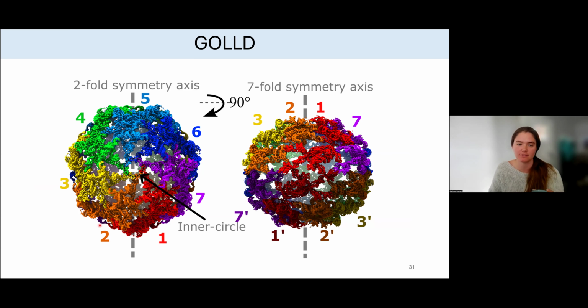You see the 7-fold symmetry where I've colored each chain a different color. If I flip it 90 degrees, you can see that 2-fold symmetry axis, where you have a top hat and a bottom hat that come together to form what we're calling a nanocage. A single chain comes across to interact with the chains at the bottom.